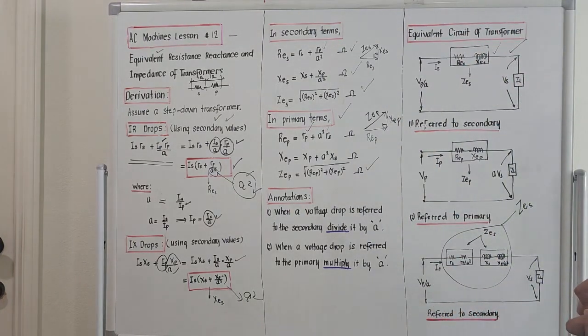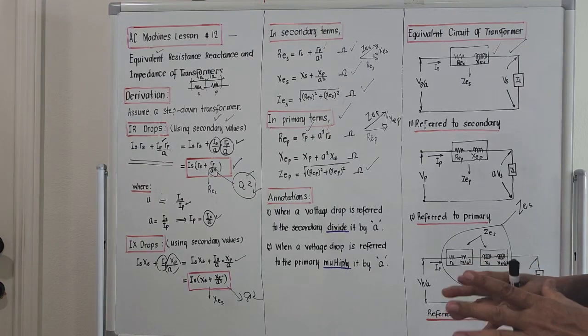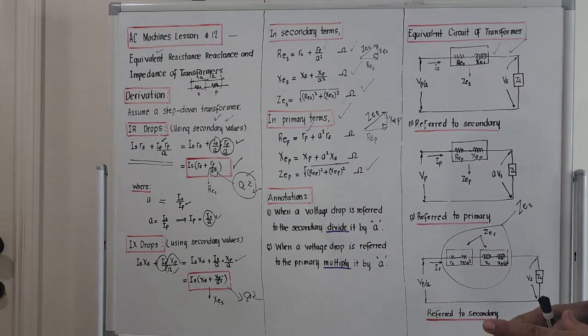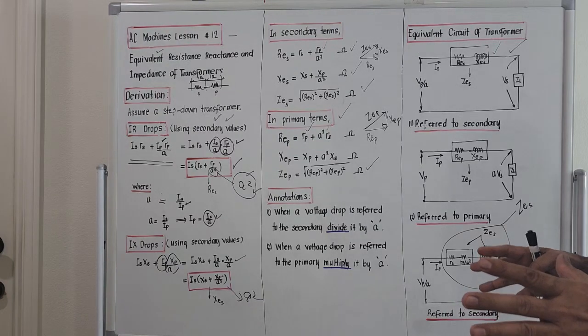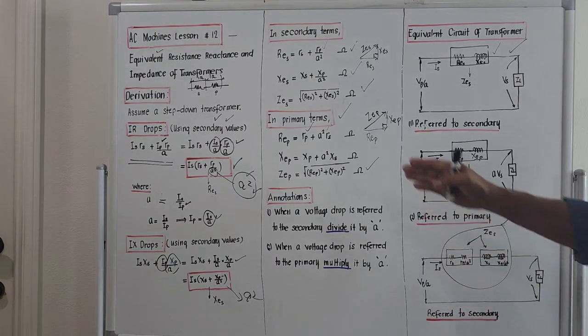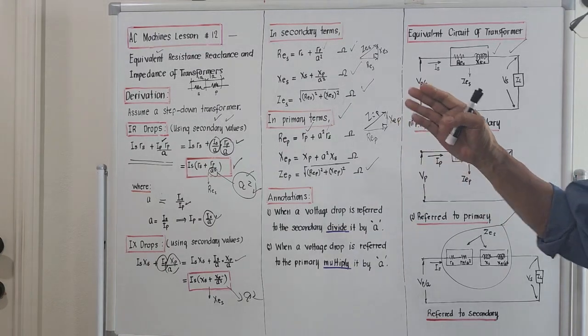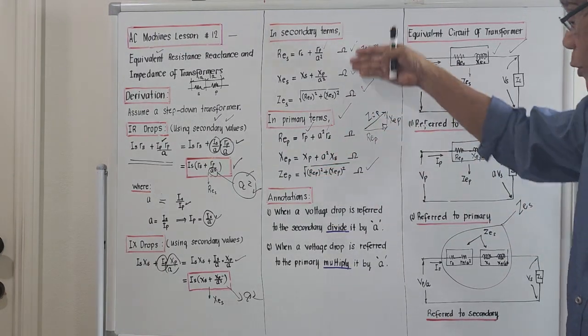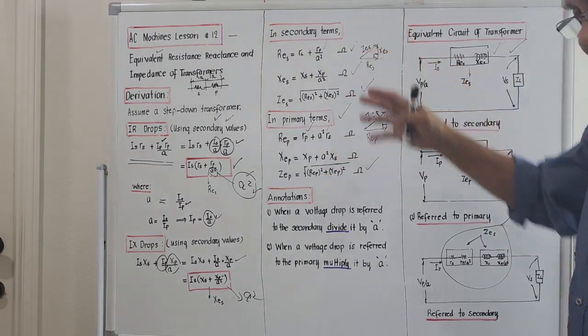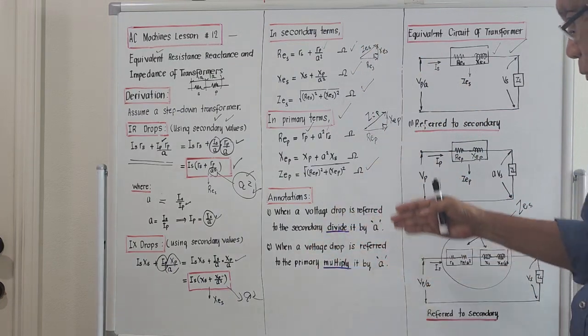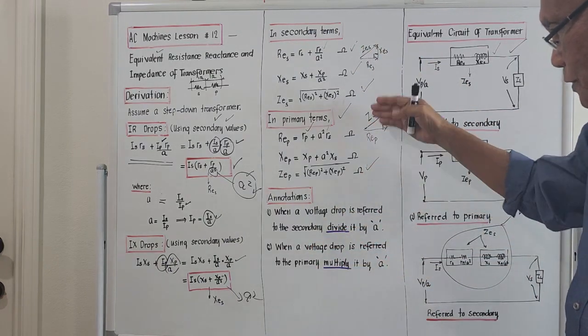So actually, in the computation of the so-called voltage regulation of transformers, we will be considering voltage drops. And those voltage drops should emanate from this one. If your computation is based on the secondary, you will be using this equation here. If your computation is based on the primary, you will be using this computation.